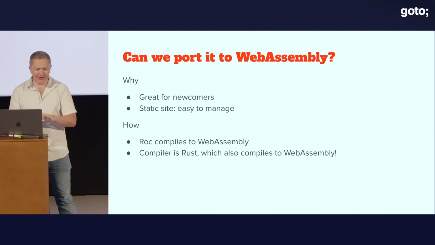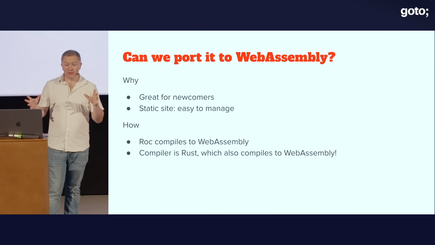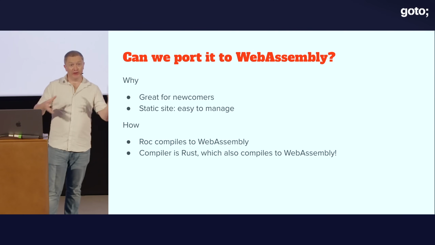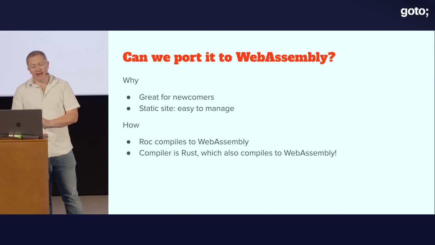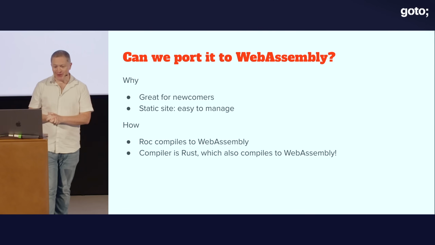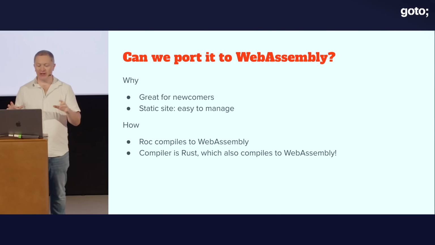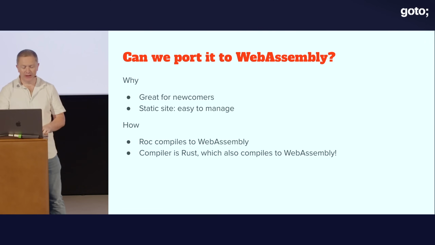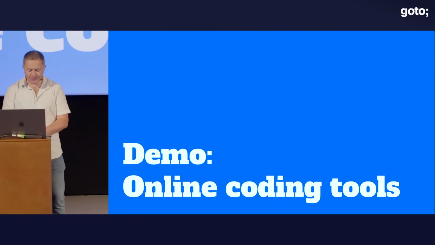And how is that possible? Well, it's because Roc, the language, one of the things it can compile to is WebAssembly, and the compiler itself is written in Rust, and that also compiles to WebAssembly. So like I said, JavaScript isn't the only option anymore, and lots of different languages are compiling to WebAssembly, and let's see what we can use this for.